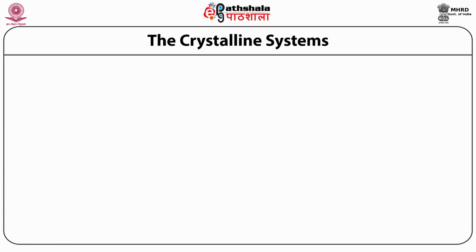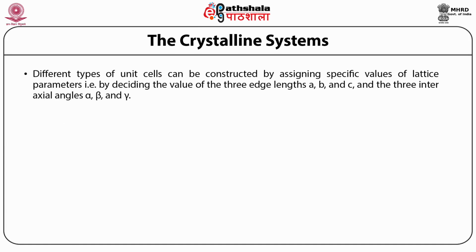Crystalline systems: different types of unit cells can be constructed by assigning specific values of lattice parameters, that is, by deciding the values of the three edge lengths a, b and c and the three interaxial angles alpha, beta and gamma.